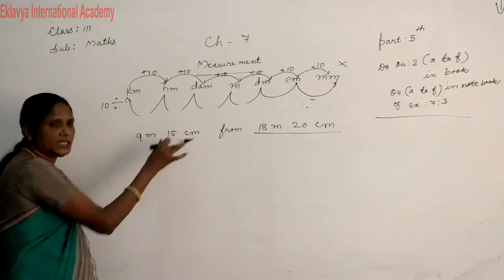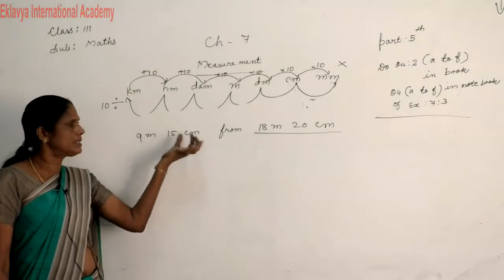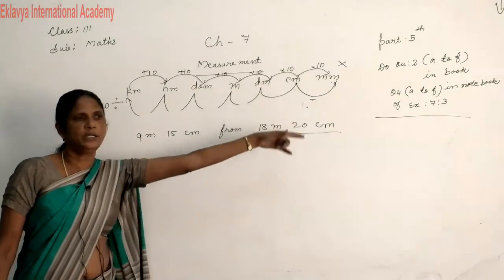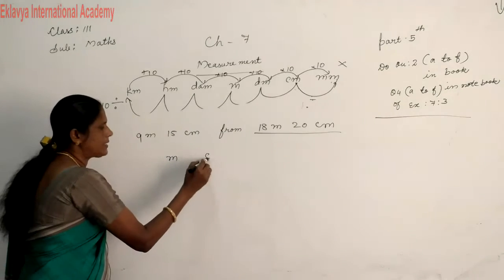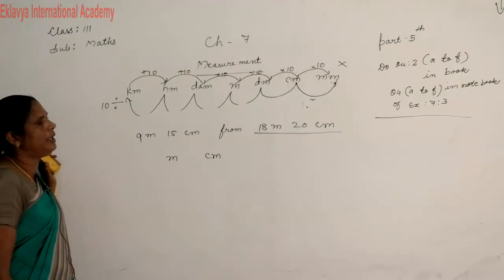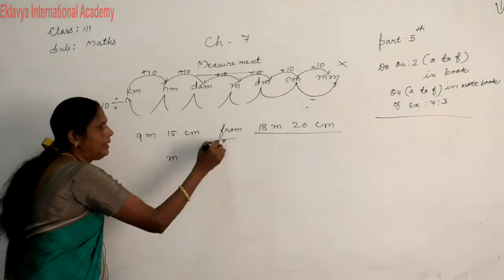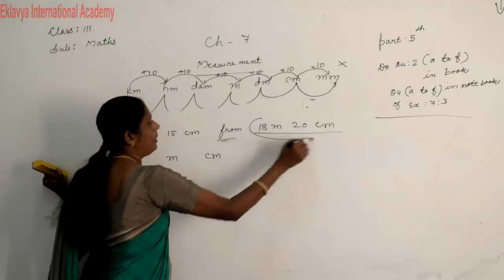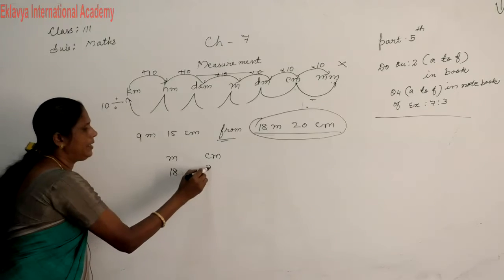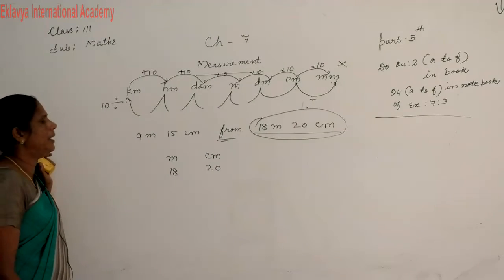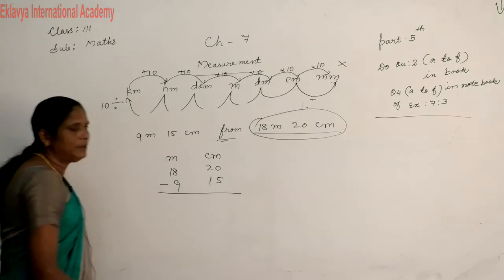Now our unit has changed here: meter, centimeter. So we make two columns, meter and centimeter. Which number do we write first? "From" comes here, therefore this number is written first, 18 and 20. Now 9, 15. Now we subtract these numbers.